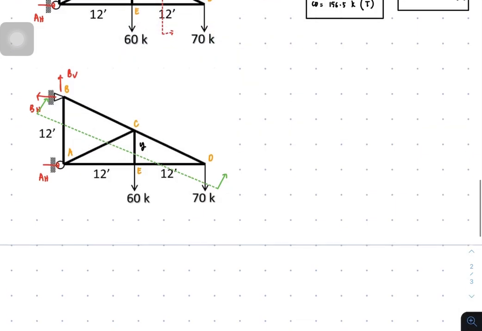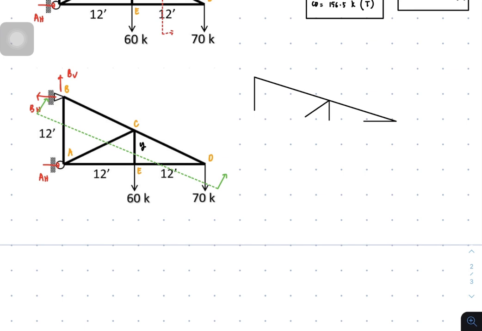Okay, so I'll just draw the section. So there's a vertical, and then there's an incline, and then in the middle there is another vertical. So another vertical, and a horizontal, and also here.